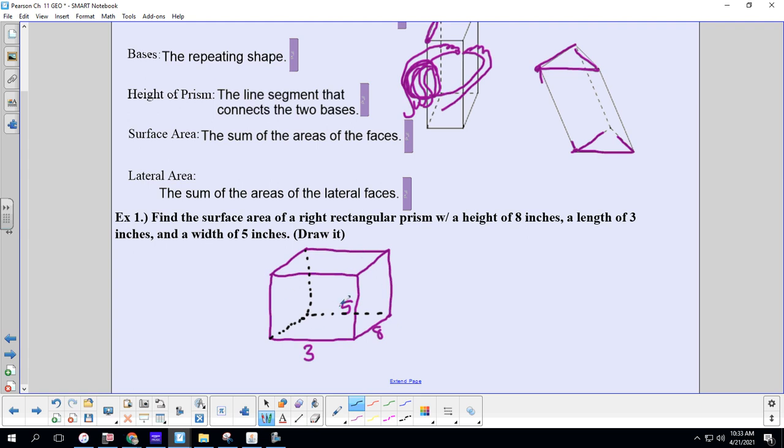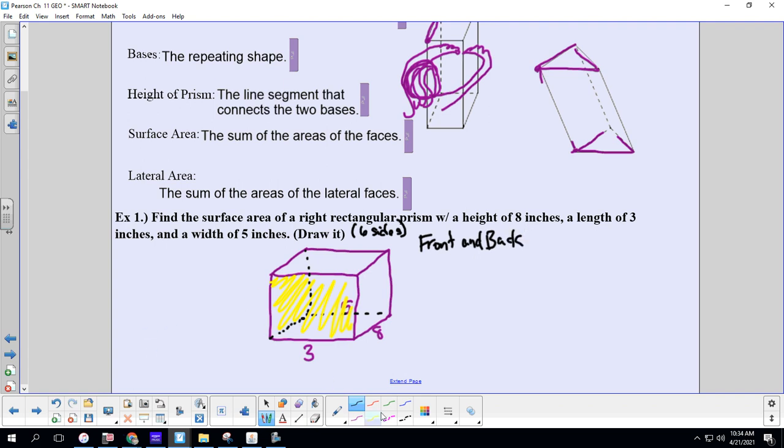Okay, so there are 6 sides to a rectangular prism. So we're going to have to find the area of all 6 sides. So let's go ahead and do the front. The front is this guy right here. He is 3 times 5, because remember the area of a rectangle is length times width. Because the back is the same, I'm going to say front and back.